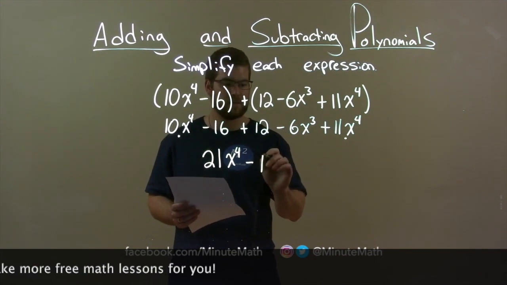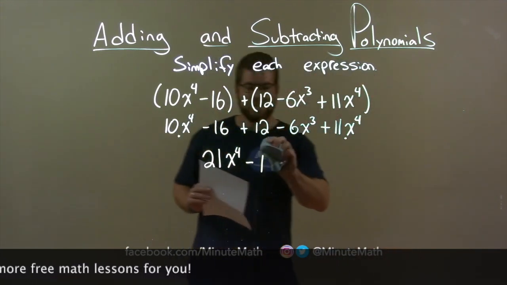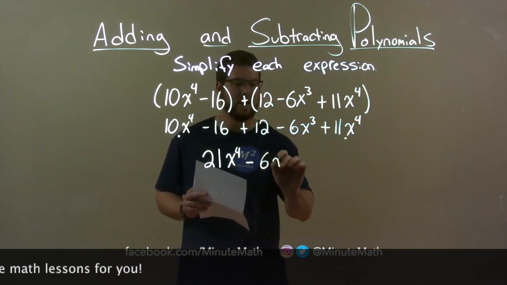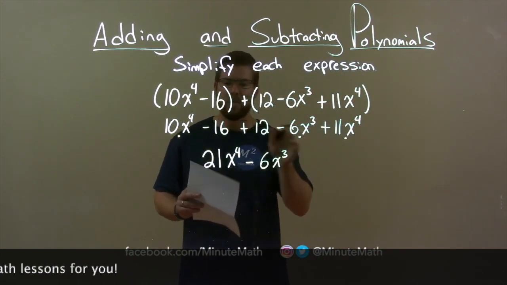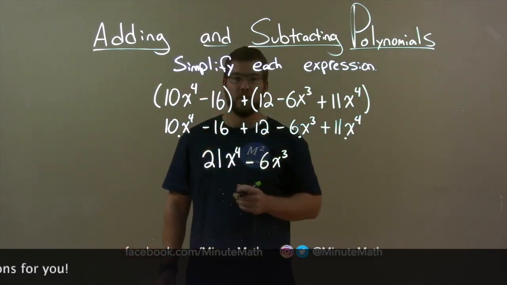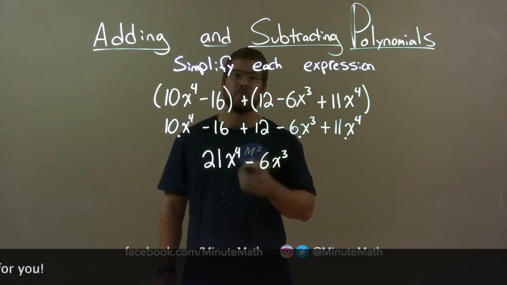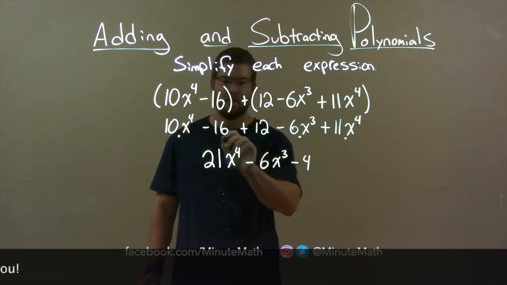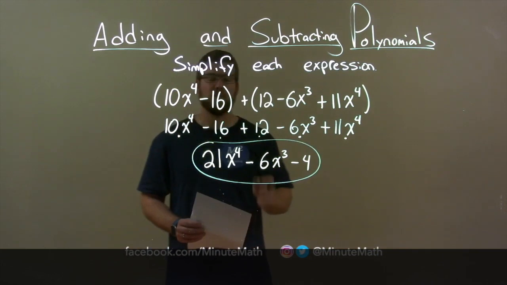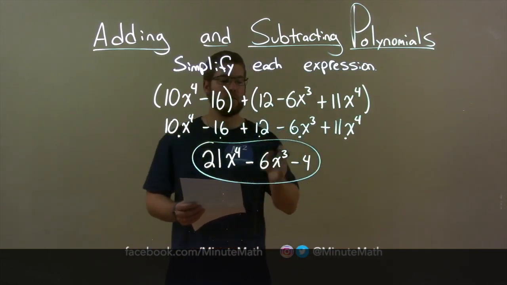Minus 6x to the third. And I put dots to show which ones I've brought down. Minus 16 plus 12 combines to be a minus 4. So a minus 4 here. Again, my dots, and there we have it. My final answer, 21x to the fourth minus 6x to the third minus 4.